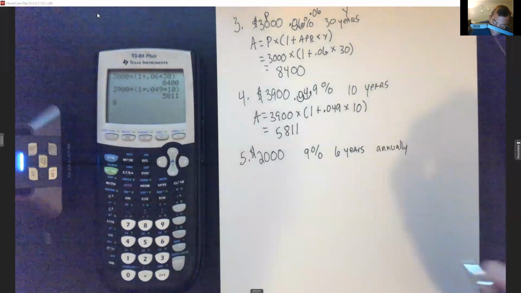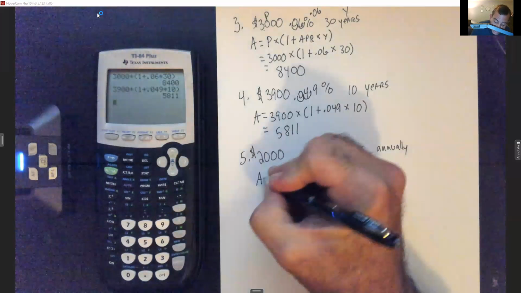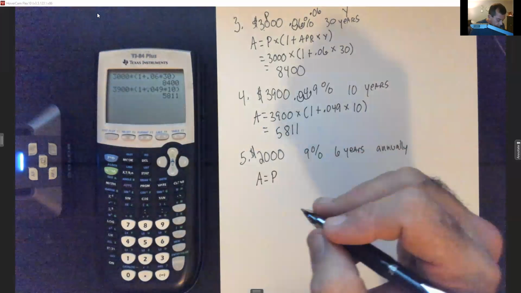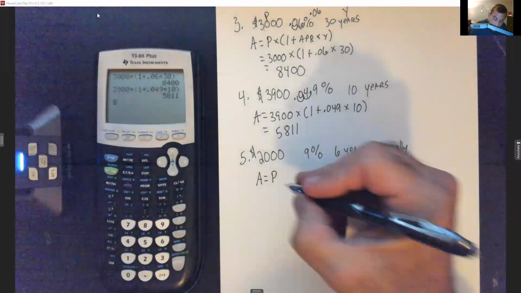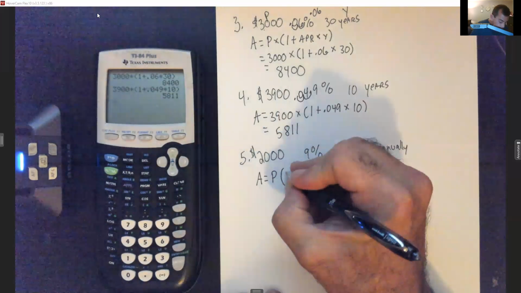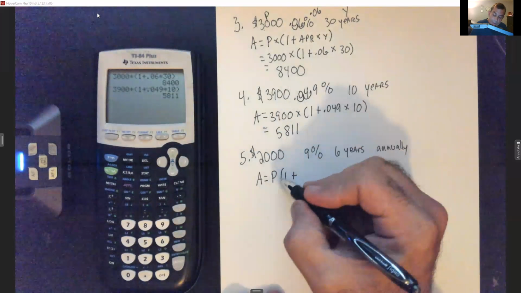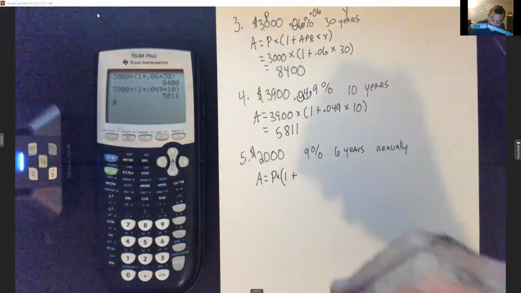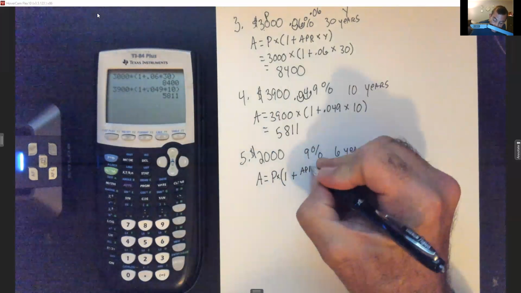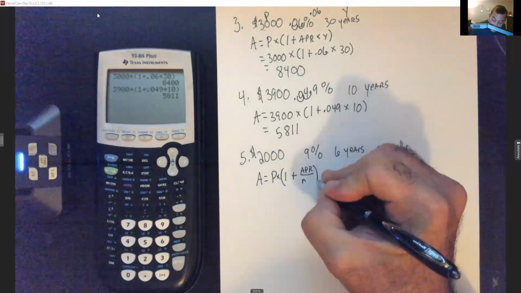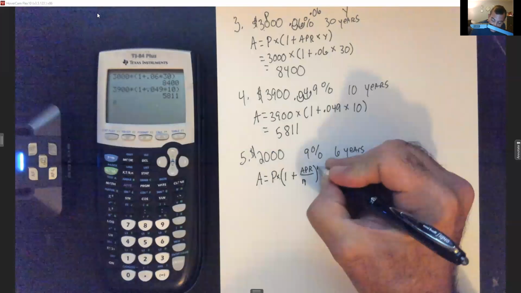So I'll use my other formula, which is A equals P times my parentheses 1 plus. Now remember, anytime you got a letter next to parentheses, that means you're multiplying, okay? All right, then it's 1 plus my APR divided by N, all raised to the exponent nt.